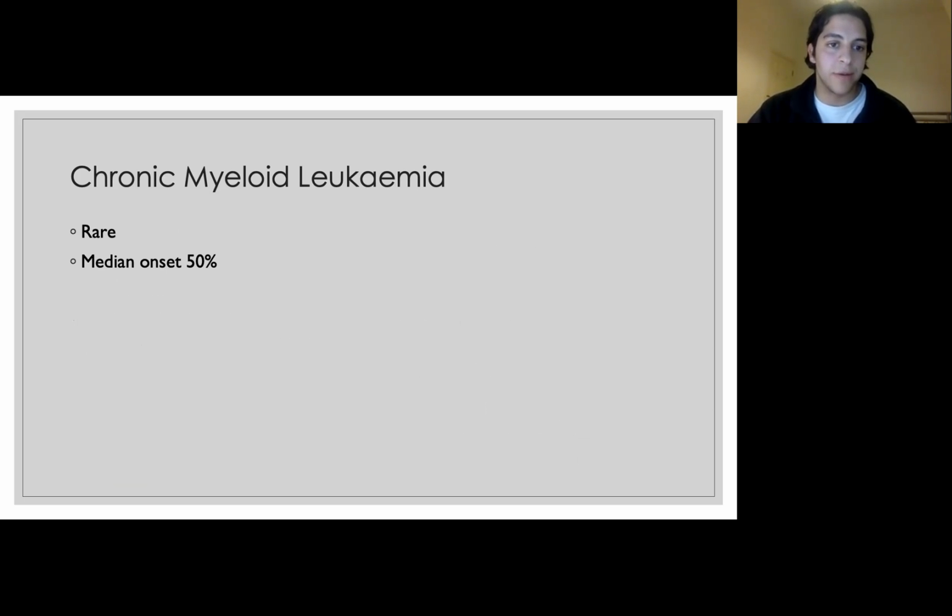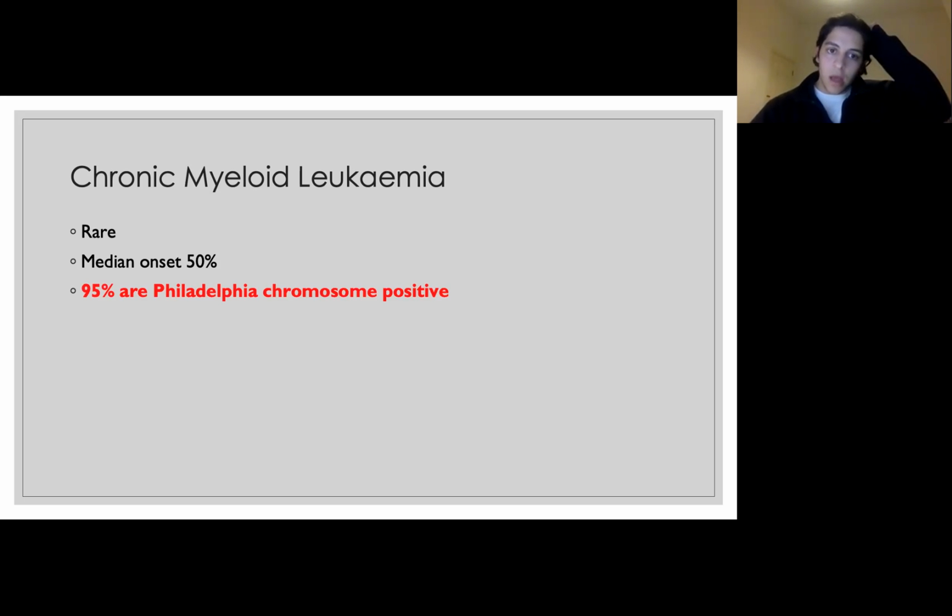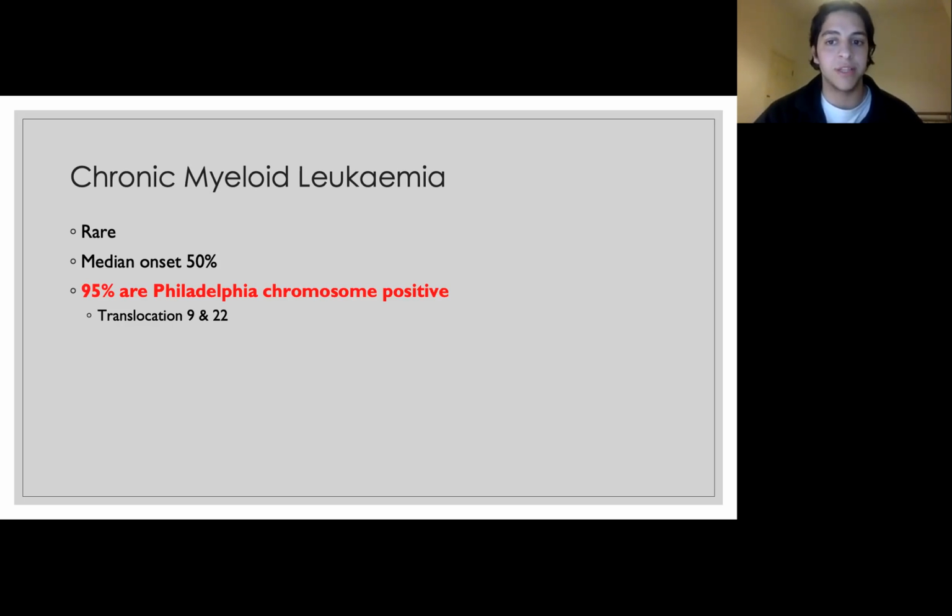A take-home point for CML, which could come up in exams, is that 95% are Philadelphia chromosome positive. A Philadelphia chromosome is a translocation of chromosomes 9 and 22, and there is fusion of the BCR and ABL genes. And I think there's a picture of it coming up. But if you see Philadelphia chromosome, think CML.